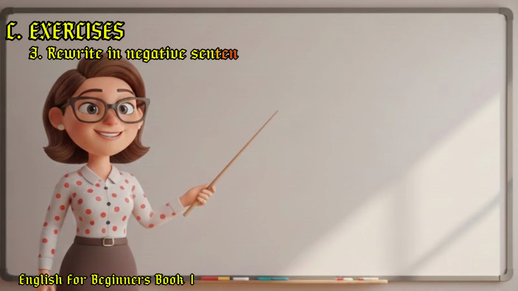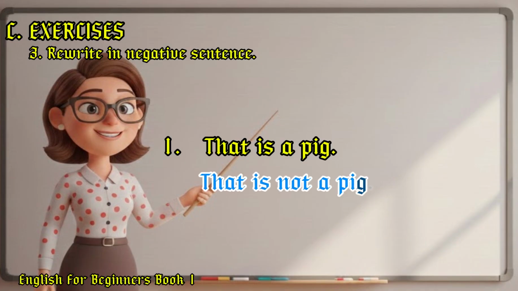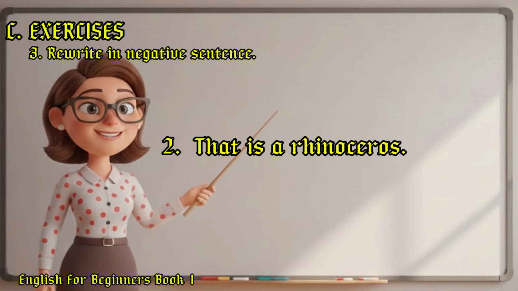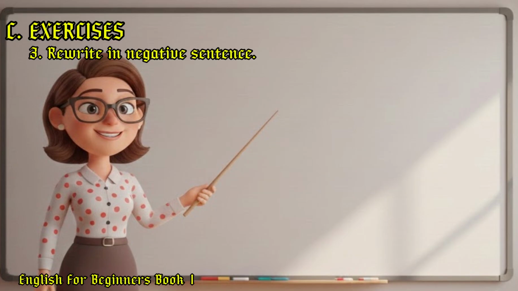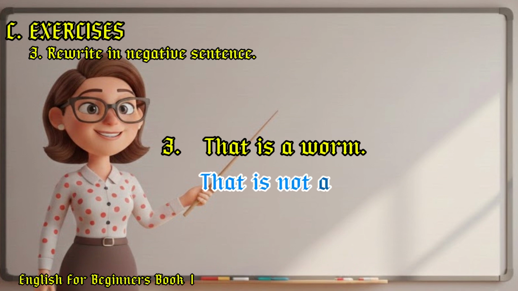3. Rewrite in negative sentence. 1. That is a pig. That is not a pig. 2. That is a rhinoceros. That is not a rhinoceros. 3. That is a worm. That is not a worm. 4.